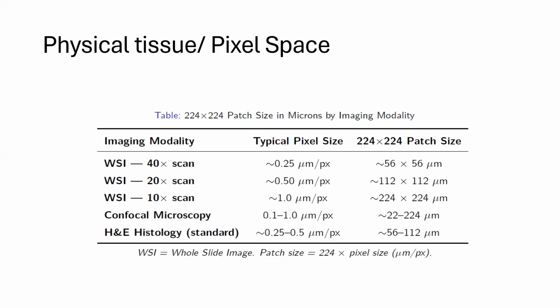For a kidney biopsy you look for this, for a liver biopsy some other things. Every biopsy should focus on its inherent biological structure. While analyzing the data, we should keep in mind what the pixel space is and what the physical tissue space is. Only then can we model it.